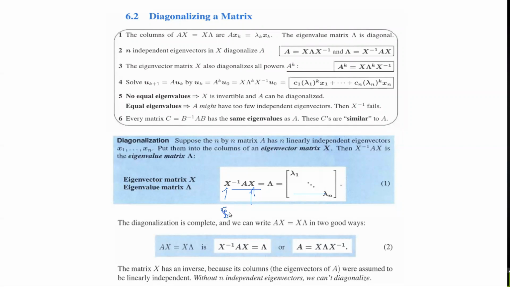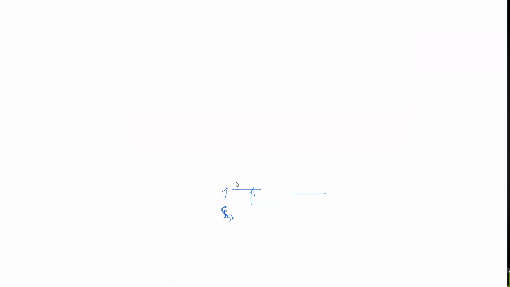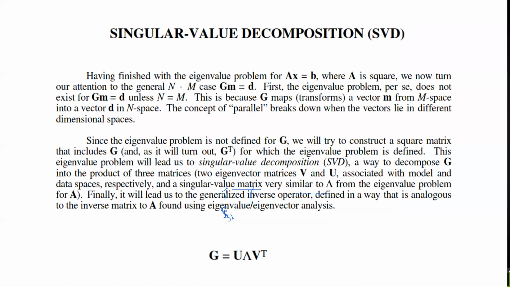Let's represent them by X. The eigenvectors go into the columns of the matrix X, and that's the decomposition of A. So this afternoon, the tutorial will be based mainly on singular value decomposition, which is quite similar to the eigenvalue decomposition, but also very different.